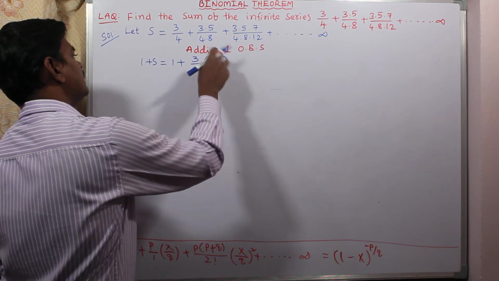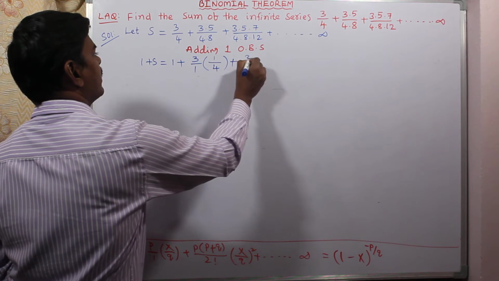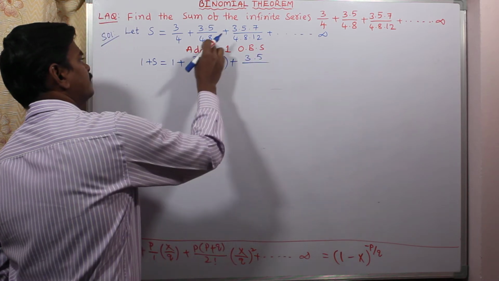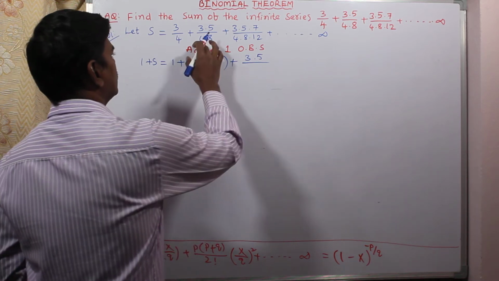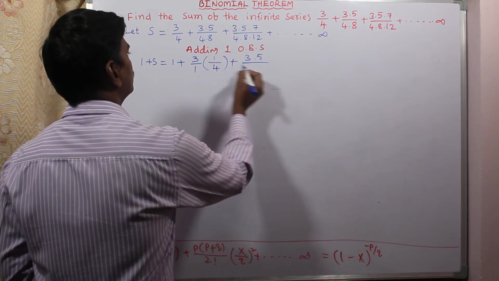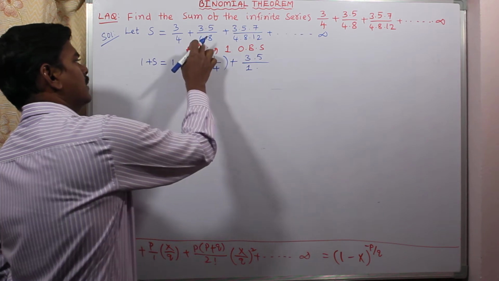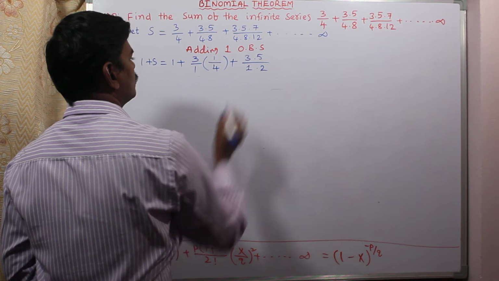So that would be treated as x by q, plus next 3 into 5 as it is, numerator as it is. Now in the denominator we have multiples of 4. So from each multiple of 4 we can keep 4 aside. If I do so, 4 can be treated as 4 into 1, 8 can be treated as 4 into 2.